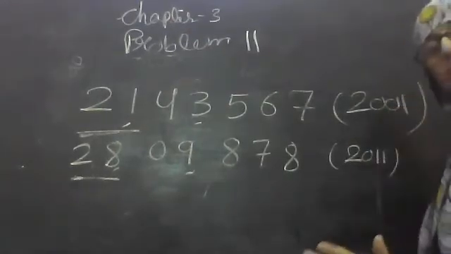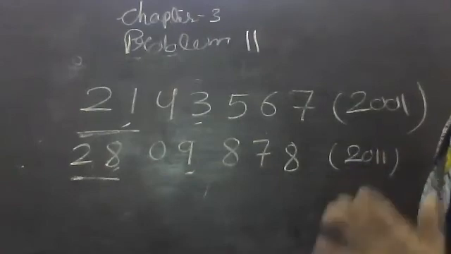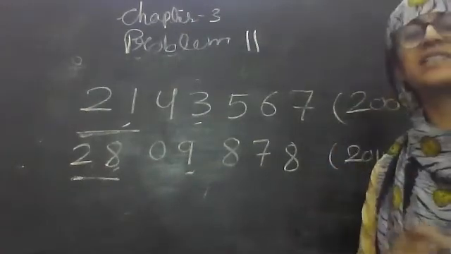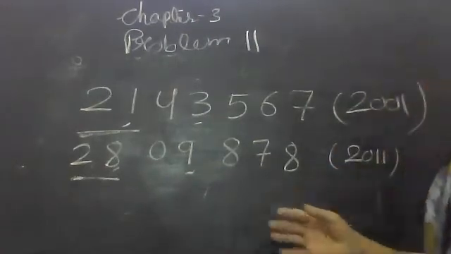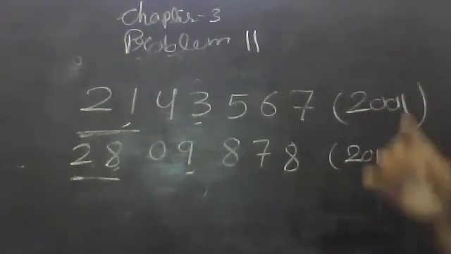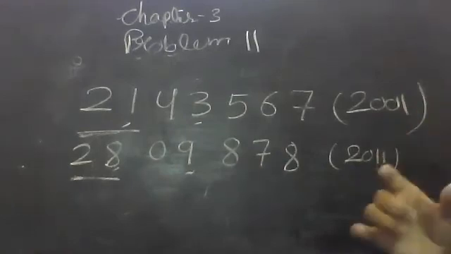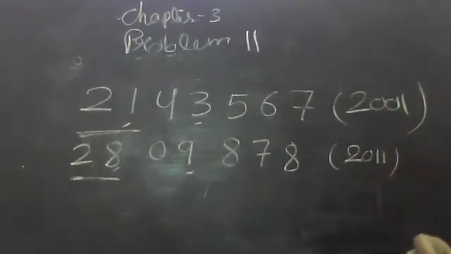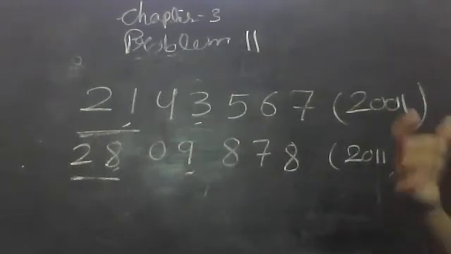When you do word problems, you have to read the sum carefully. You have to understand what the question is. Here the question is how much the population increased. How much did the population grow?